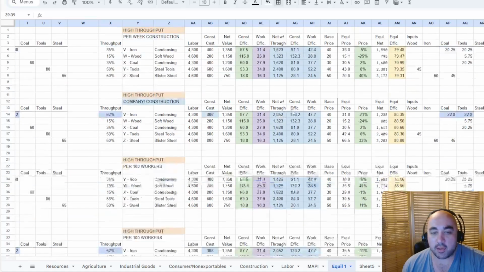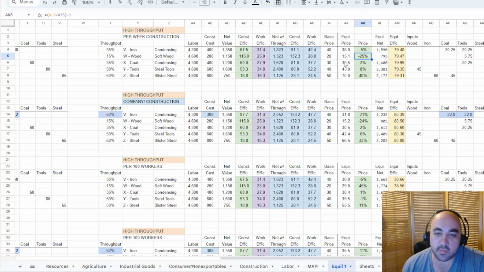In the high throughput scenario, coming back up here, when we added the iron company, we saw that there's a sharp decrease in price, a 7% decrease in price on the steel in terms of maintaining the same equilibrium, because it has 60 input on iron, and we've decreased the amount of iron.